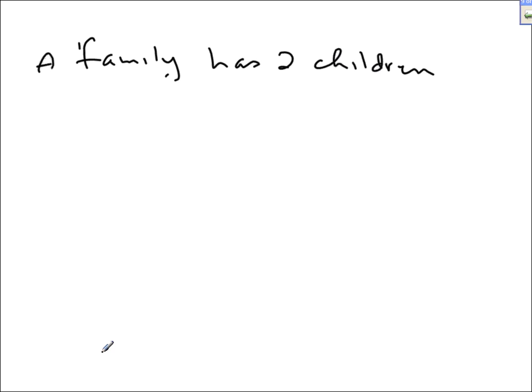Okay, so we're going to revisit a very similar problem that we've done in the last section. You know that a family has 2 children. Okay? You randomly meet one of them.